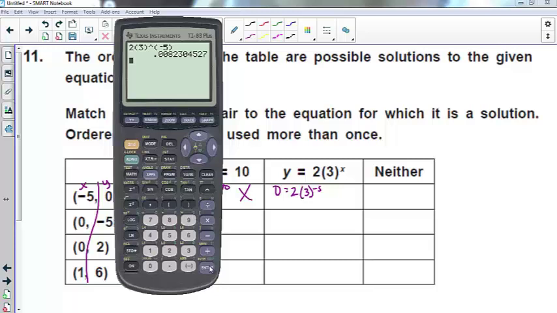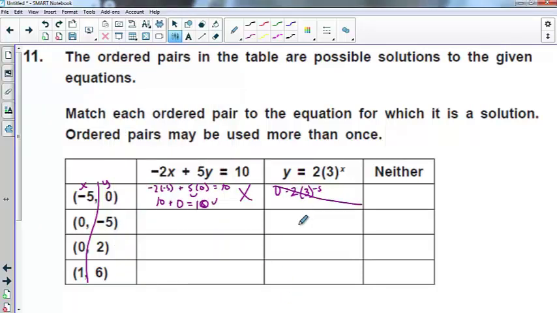Enter. Is my answer 0? No, it would round to 0 if I was rounding to 1 decimal place, right? But it is not equal to 0. So that means it is not a solution here.